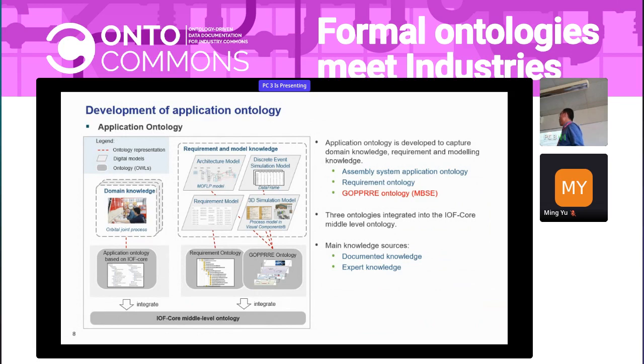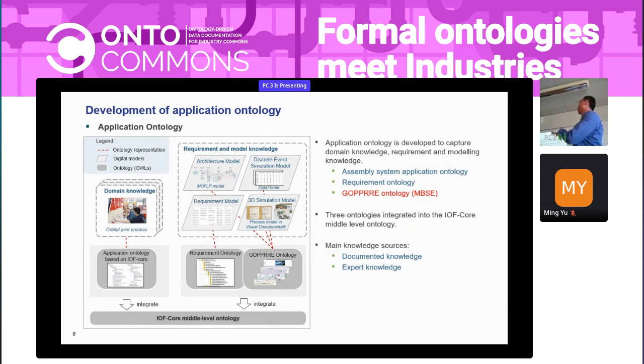Here we show there are three parts on this layer. We integrate them into the IOF core, and we use it as an upper-level ontology. We include these three separate ontologies into this IOF core framework.